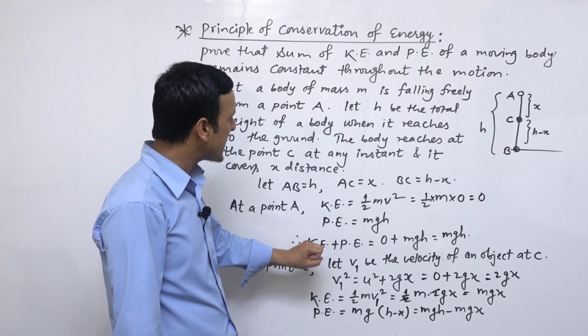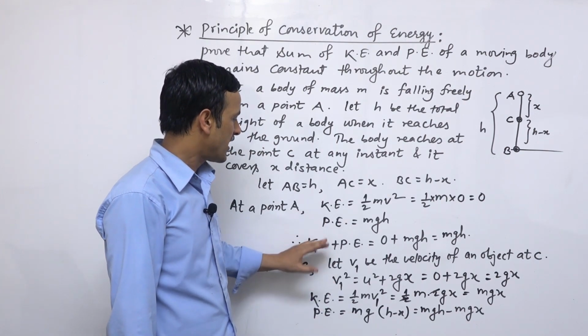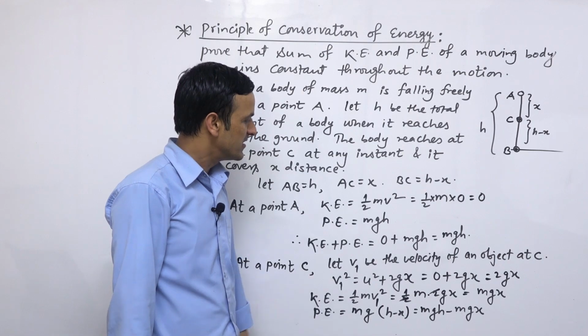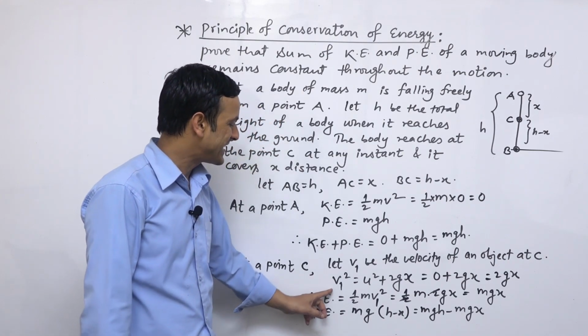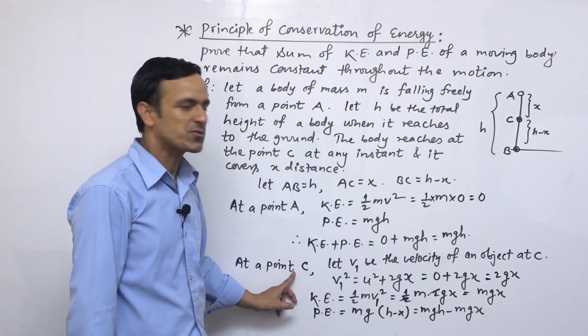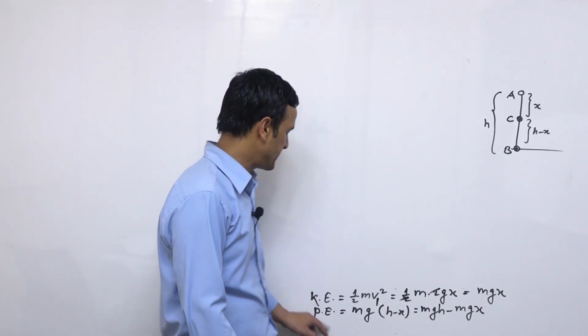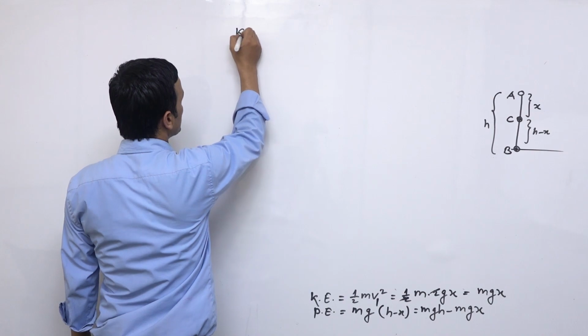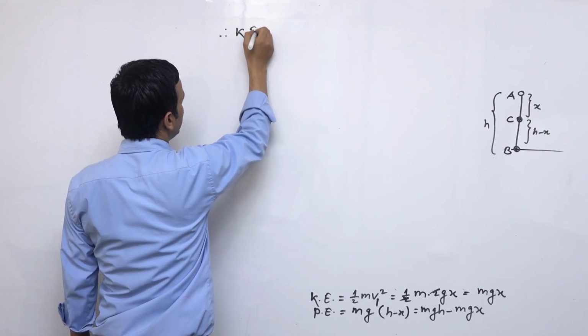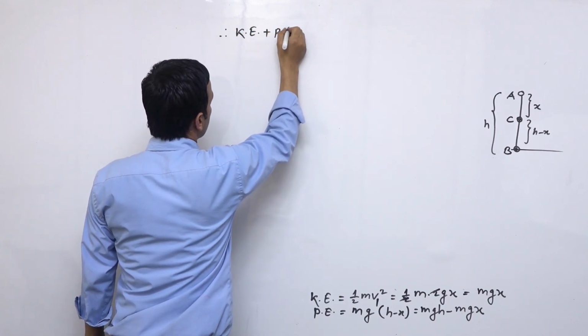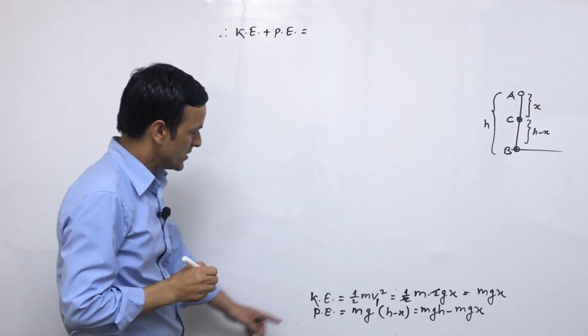Now we can add both ke and pe. Now the sum of the two remains to be found. So let's see what will be the sum of ke and pe at this point. Therefore ke plus pe is equal to this one.